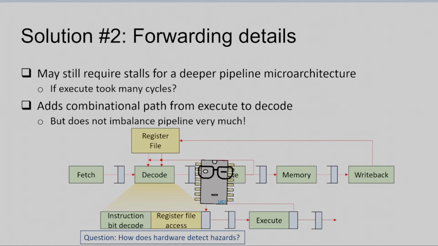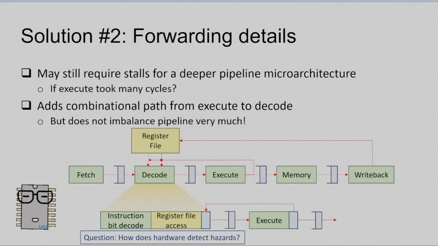An interesting question that I kind of glazed over so far is, how can hardware detect hazards? How can hardware detect read after write hazards? Because all of this detection and forwarding needs to happen within a single cycle.